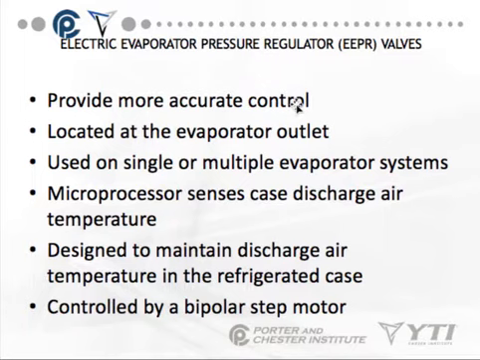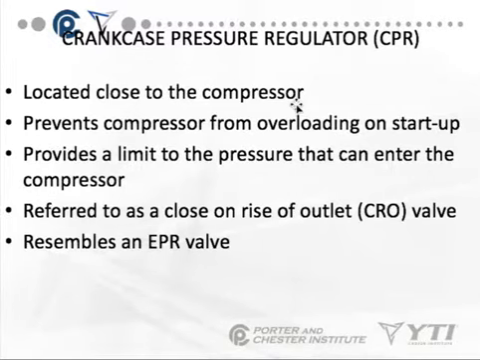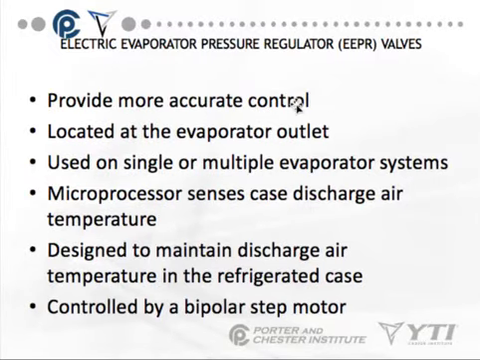When we're talking about electric evaporator pressure control valves, we're talking about discharge air temperature. They're designed to maintain discharge air temperature in the refrigerated case. They're controlled by a bipolar step motor. Okay, so in other words, they open in steps.